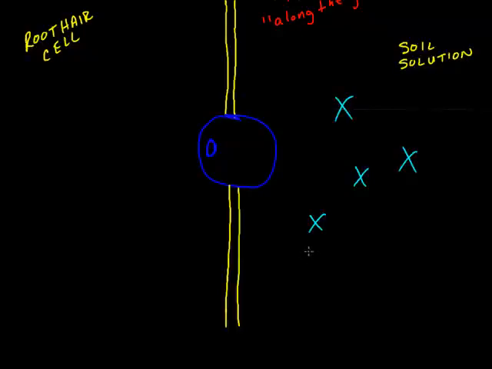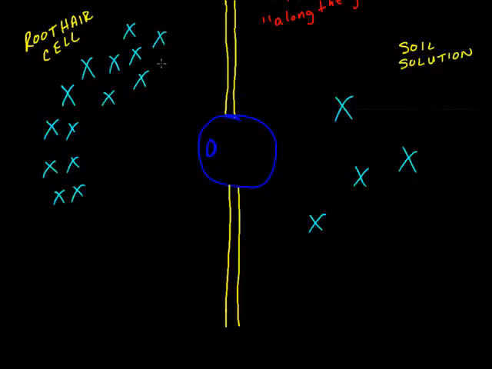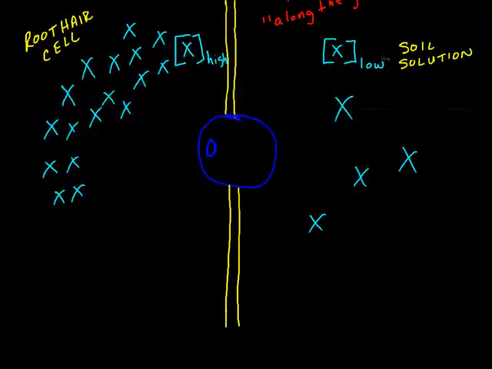Now inside of this root hair cell, there are quite a few of these X nutrient ions, because that's what the plant's root hairs are in the business of doing, uptaking lots of this stuff from the soil. And so if we look at the gradient here for X, our fictional nutrient, it would be high on this side of the membrane, but out here in the soil, nutrient X would be low in terms of concentration.